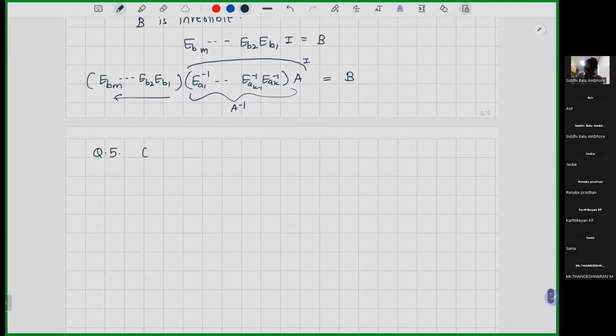Question 5 is: compute the rank of the following matrix, A is equal to pi 1 0.